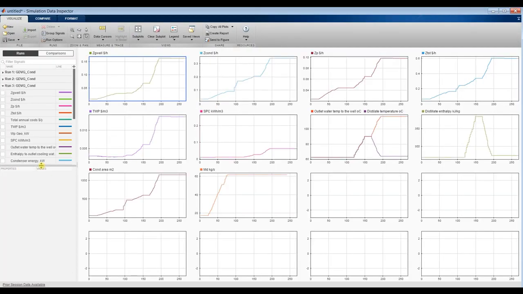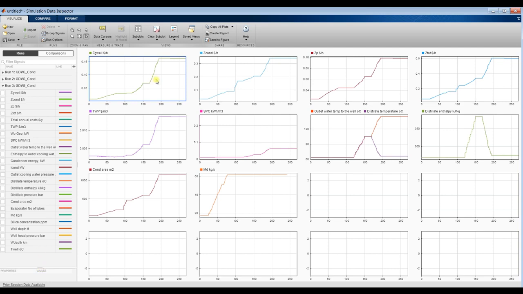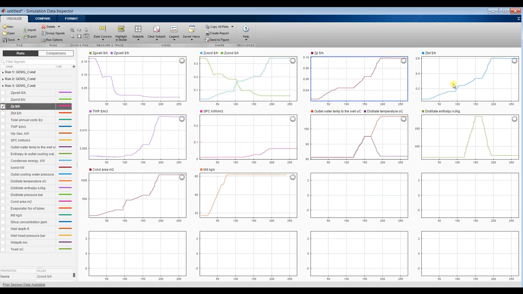You can compare your runs because this is your older result. As you can see here, run number 2 and number 3, decreasing will cause decreasing of costs: condenser hourly costs, pump hourly costs, and totals.